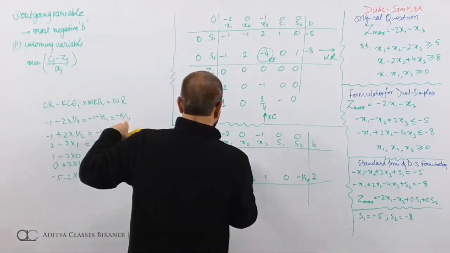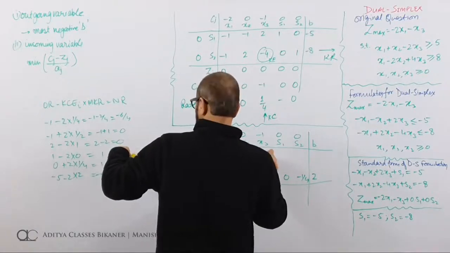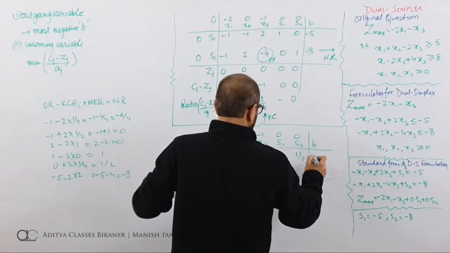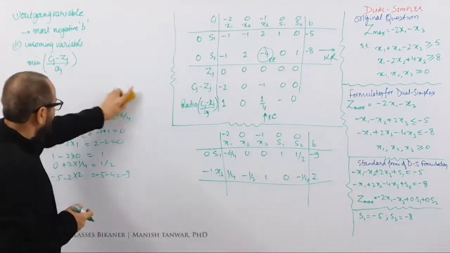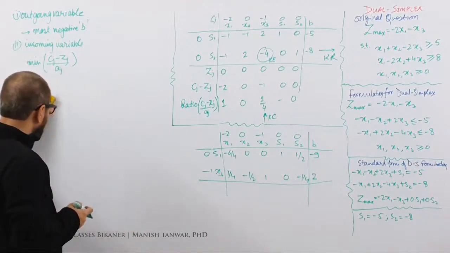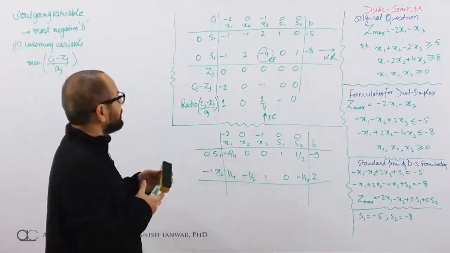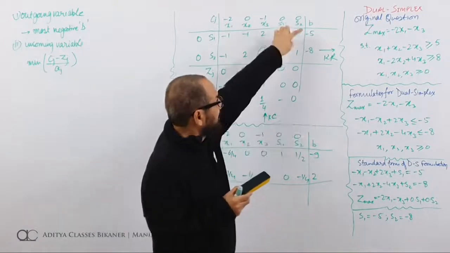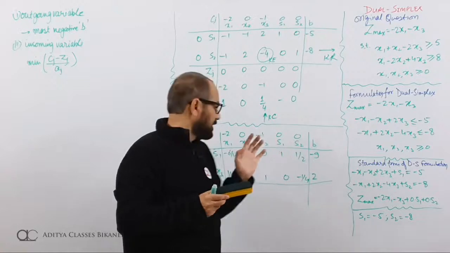So we get -6 by 4, 0, 0, 1, 1 by 2 and -9. Now making use of our dual simplex method, what we have done is we have converted at least one of the negative basic variables into positive. Earlier both were negative, now at least one of them is positive.